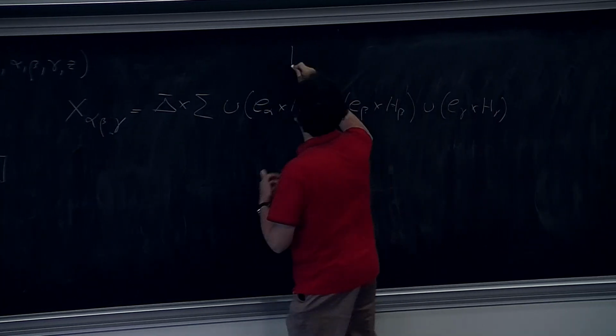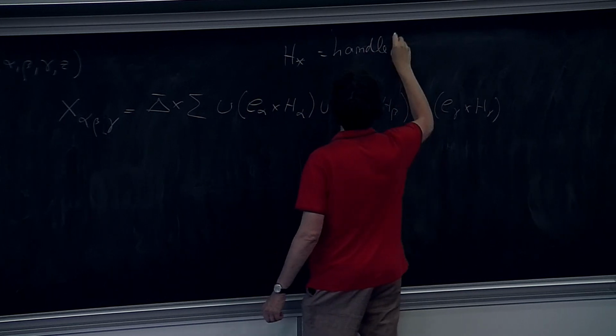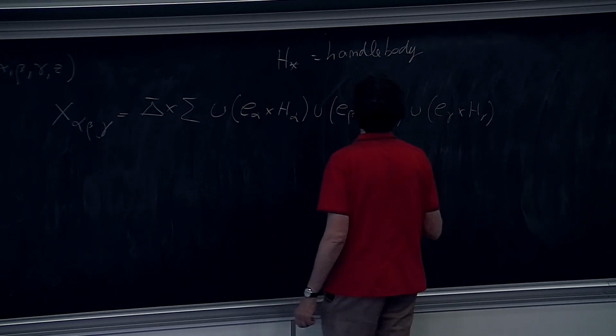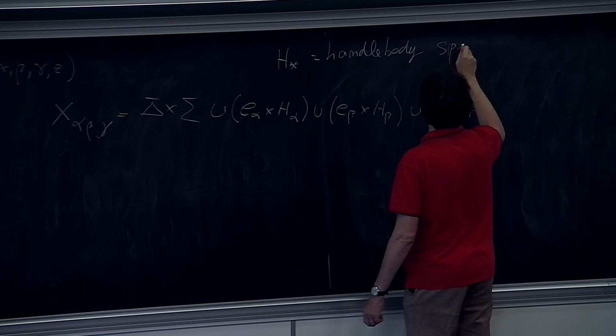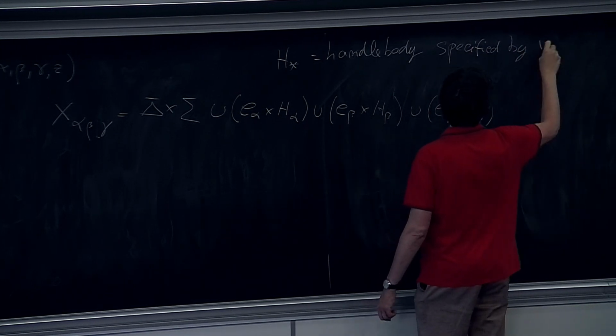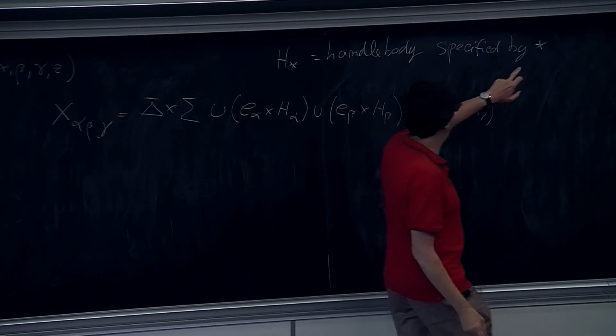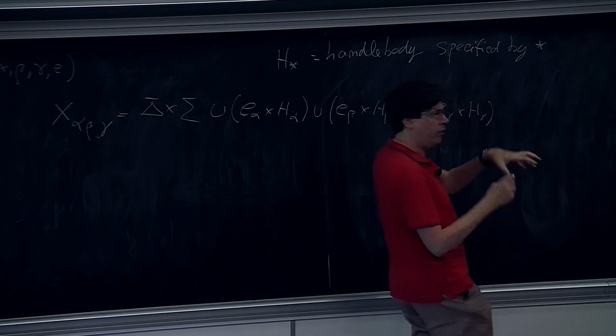Here H star is a handlebody specified by the curve star. So it's the handlebody where the curves alpha, beta, or gamma bound disks inside.